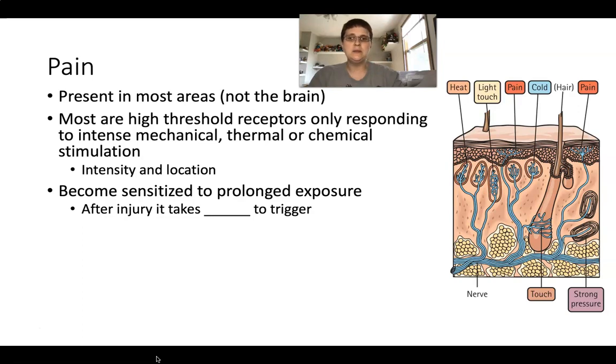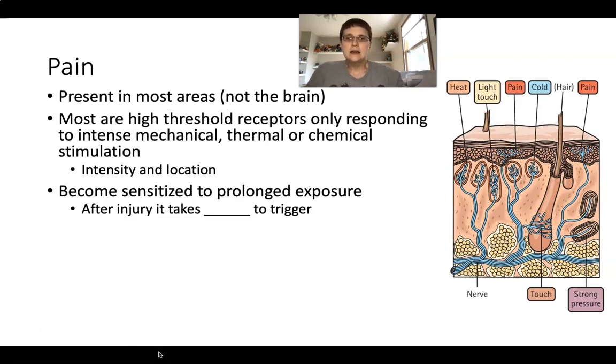And this is what I mean by it becoming sensitized to prolonged exposure. After that injury, it's going to take less damage to trigger those pain sensors than it did before.